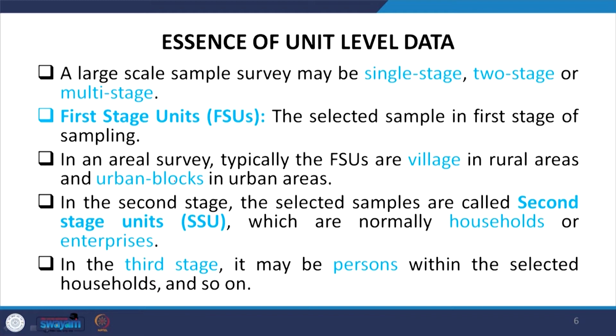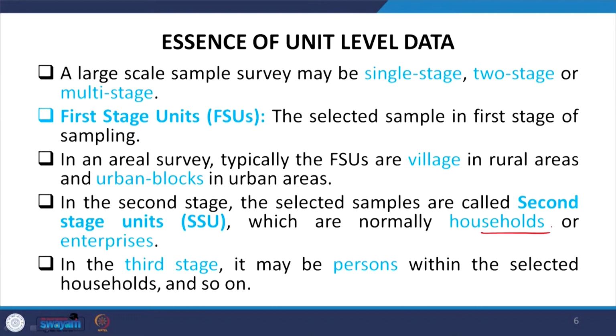Now, the second stage of the selected samples are called second stage units, SSU. FSU and SSU. SSU is the second one, which are normally the households or the enterprises we have already discussed. If you disaggregate to the third stage, then we refer to the particular person within the household. Okay.